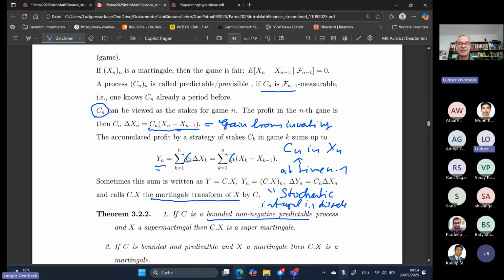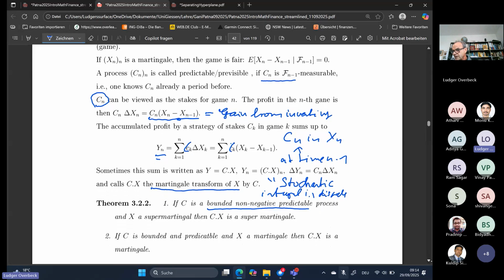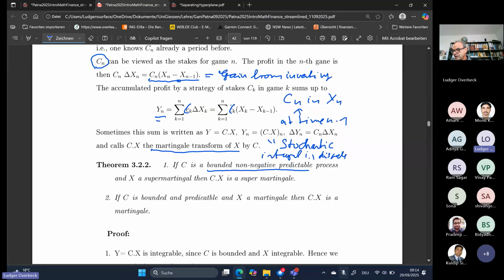So you need some assumptions. If you have unbounded resources, put it like this, then of course you can make a gain. But then you already need to have an unbounded amount of money. Then you can do it. So this is a statement.